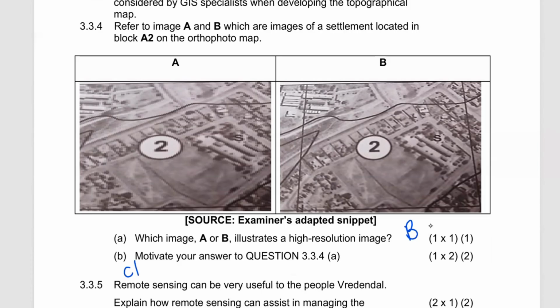It is because it's clearer. It's clearer compared to the first one. And you can say it has more detail. Or you can say it has smaller pixels. Yes, many pixels.